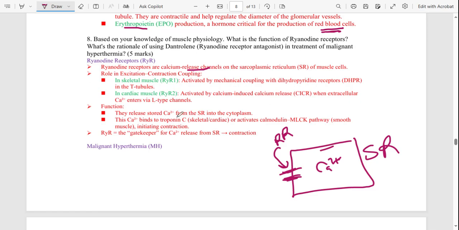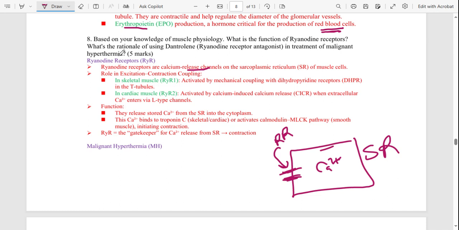The calcium is released from this sarcoplasmic reticulum into the cytoplasm. The calcium binds to troponin C, or it can activate the calmodulin, myosin light chain kinase complex. Okay, and that causes contraction. So basically, ryanodine receptor is a gatekeeper for calcium release to cause contraction. Okay, so that is what it does.